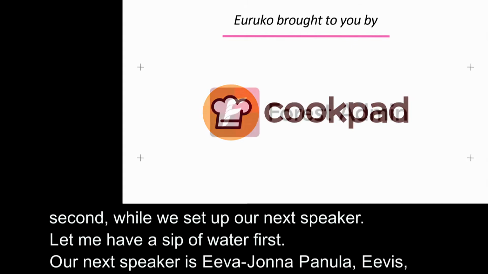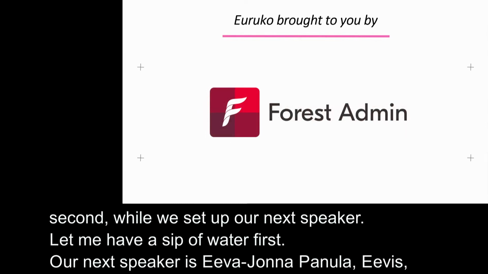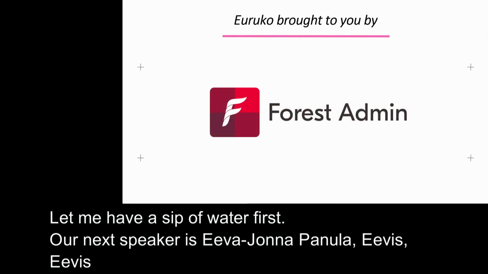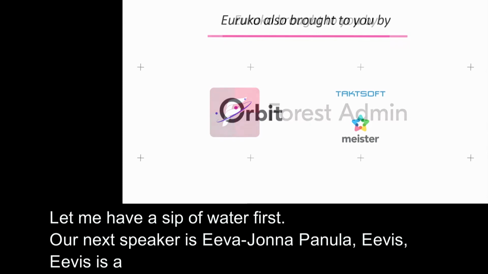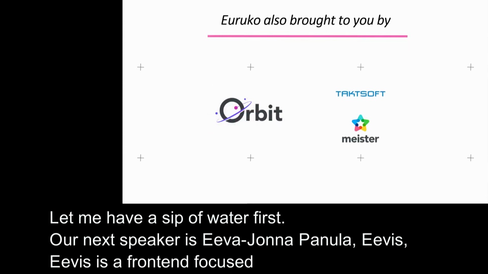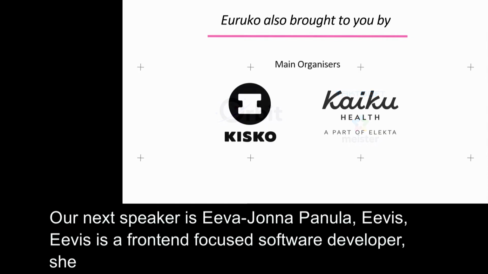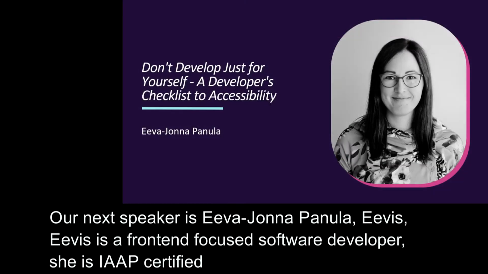Eevis is a front-end focused software developer who wants to make the web a better place for all of us. She's an IAAP certified professional in web accessibility and is on a continuous journey to learn more about accessibility.